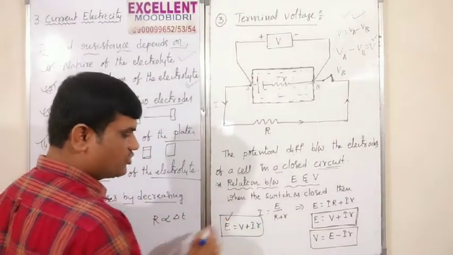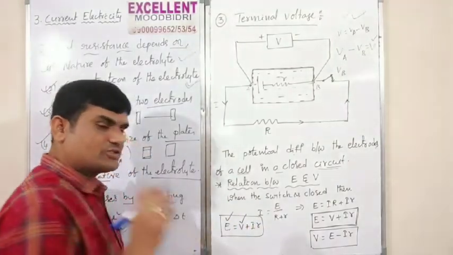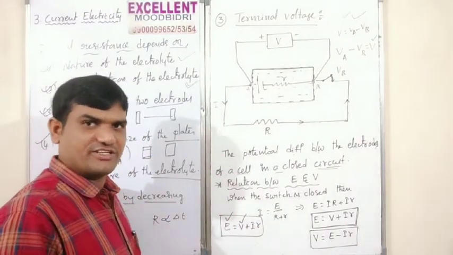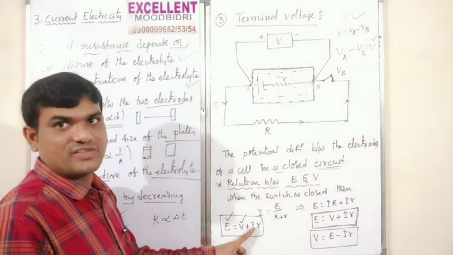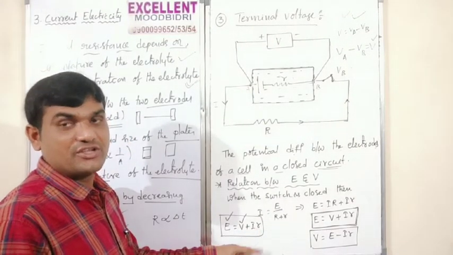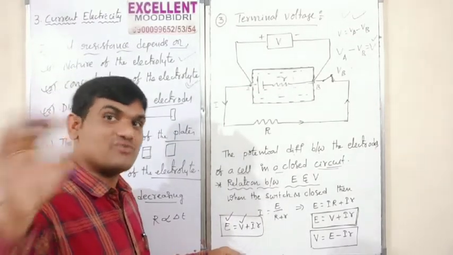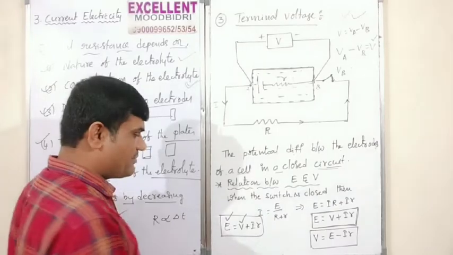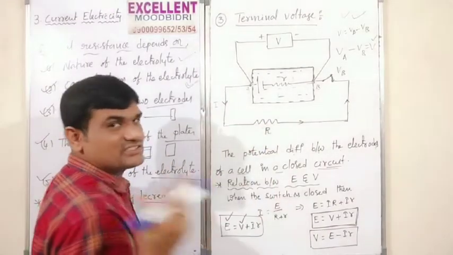Where E is EMF, V is terminal potential difference, plus current and internal resistance. When the switch is open, what would happen? The flow of current in this direction is 0.